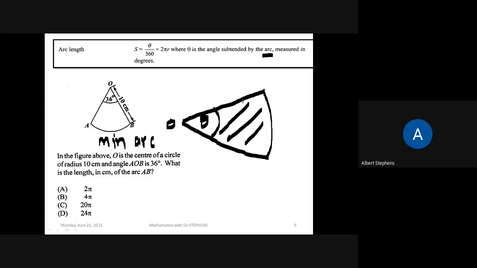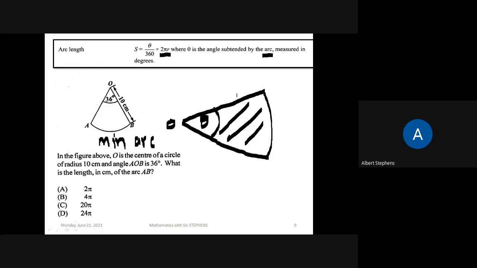Now, the formula for the minor arc is given up here. Class, tell me, 2 pi r, what formula is that coming from? Circumference, sir. The circumference of a complete circle, not true? But do we have a complete circle here?